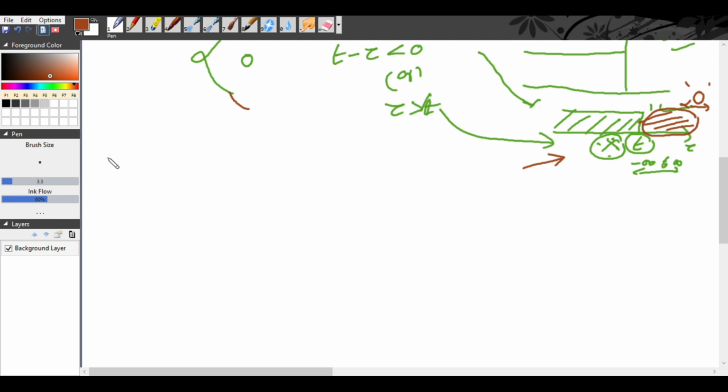So let us visualize the signal more. What happens if you take the product between x1 of tau and x2 of t minus tau? Because convolution is this, right? What happens if I take a multiplication between this and this?